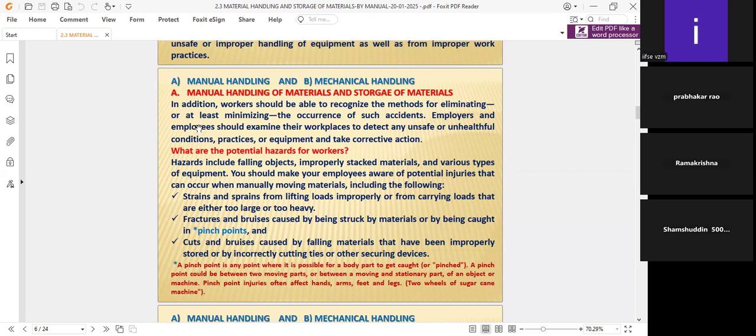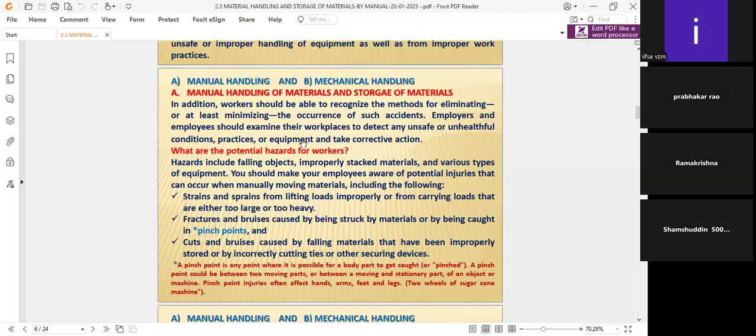Employees, in the sense of a manager who supervises the workplace, and the employers also, while taking rounds, have to examine their workplace to detect any unsafe or unhealthful conditions, if there are any. If people's practices are unsafe, they should immediately advise corrective actions.